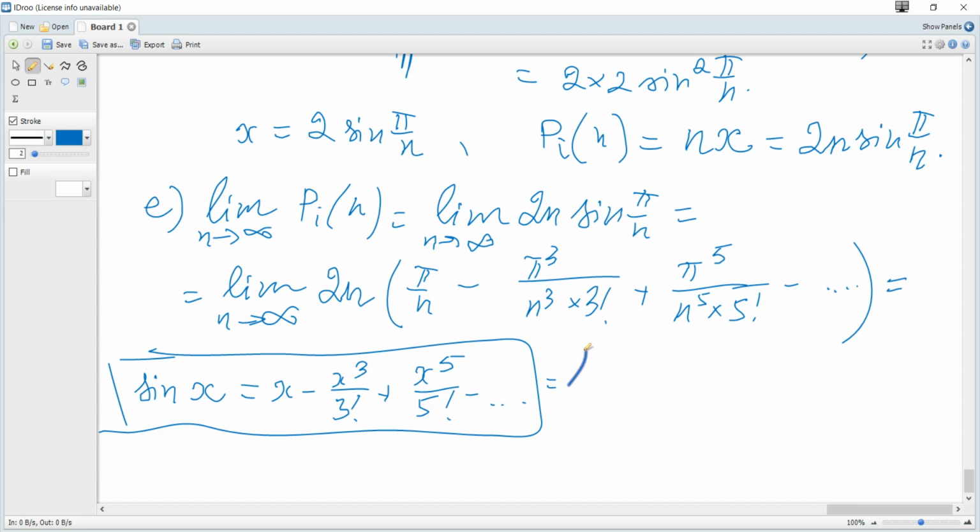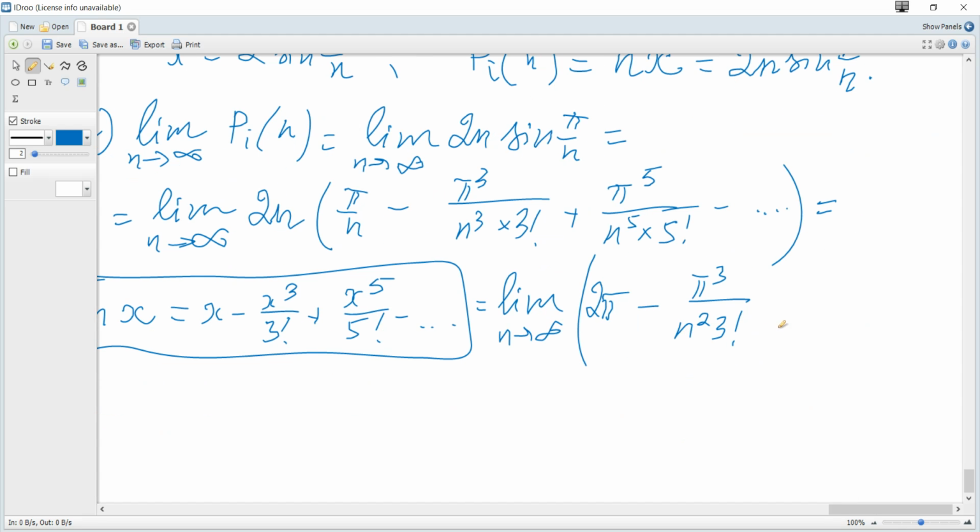And let's expand it and get the limit of 2 pi minus pi cubed over n squared 3 factorial plus pi to the power of 5 over n to the power of 4 multiplied by 5 factorial, and so on.